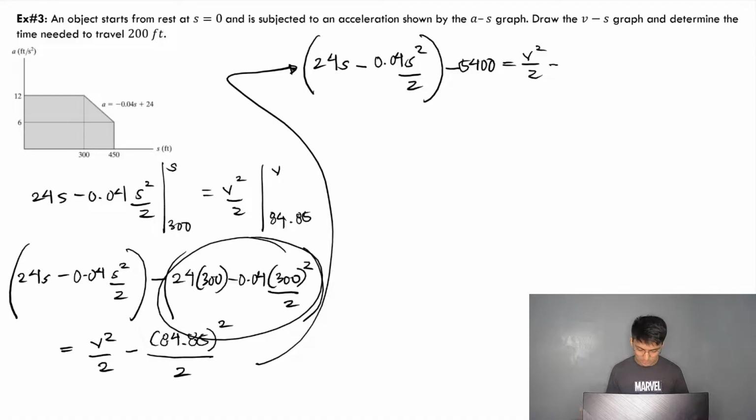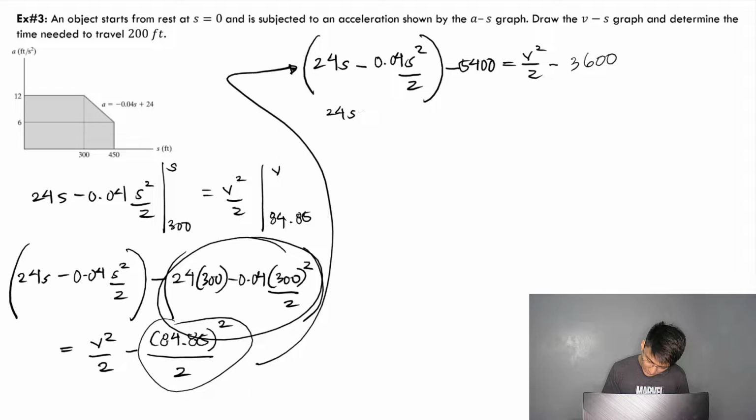And for this, we have 84.85 squared over 2. The value is 3,599.76, or we can rewrite this as 3,600. Exact value, let us just put that. Simplifying, we have 24s minus 0.04 s squared over 2 minus 54 is equal to v squared over 2 minus 3,600.